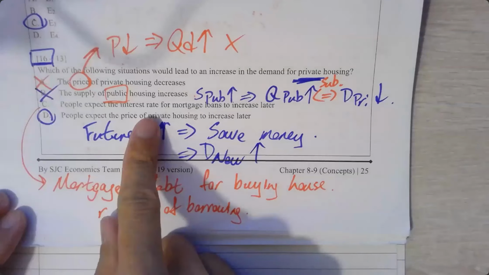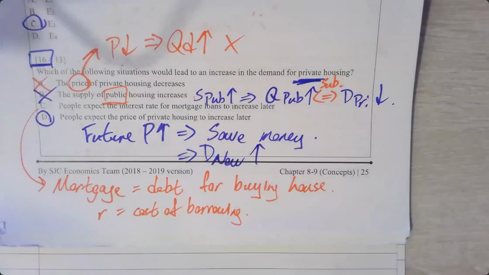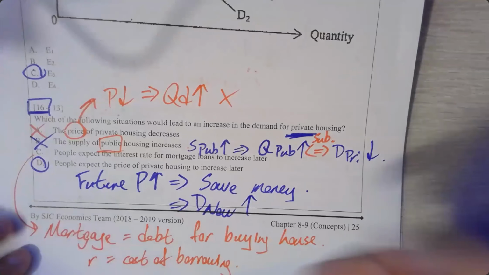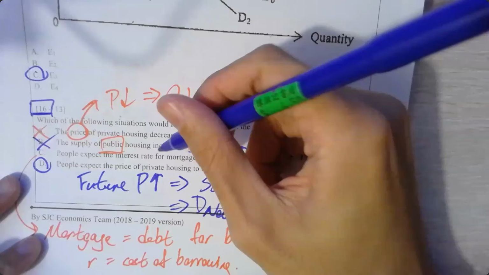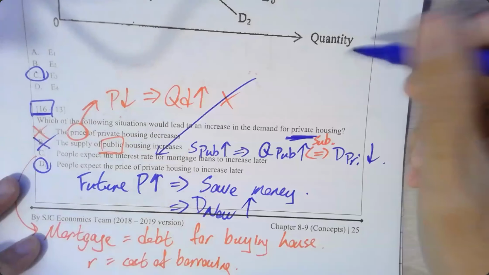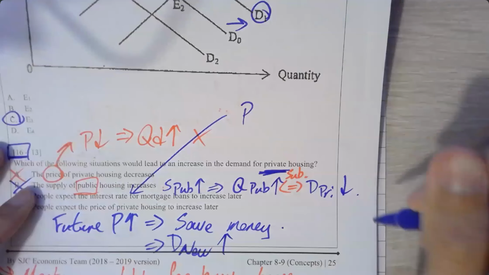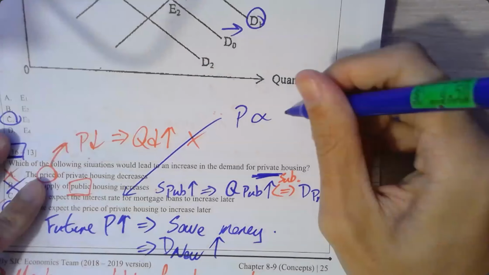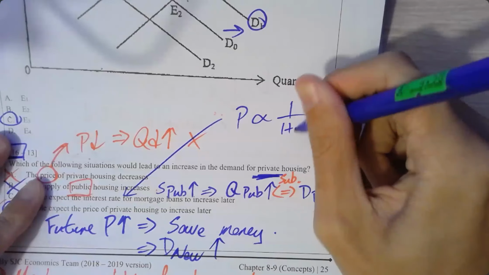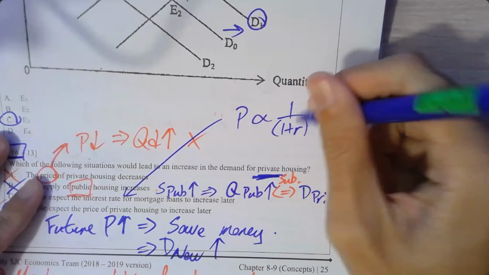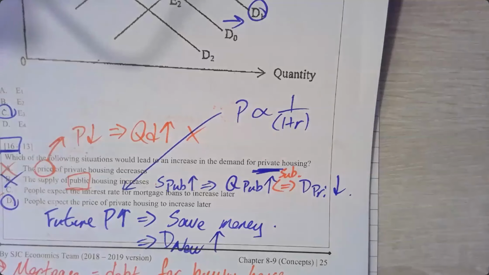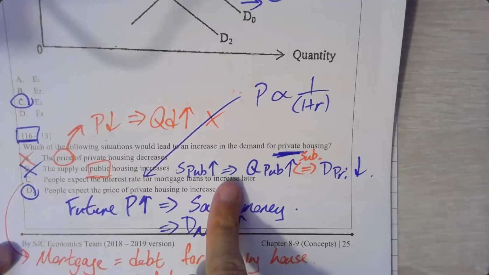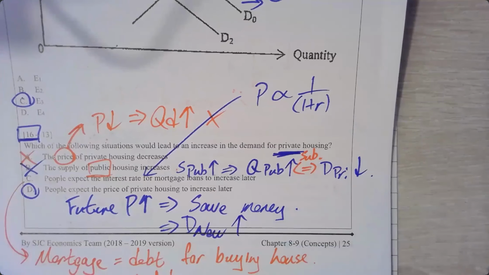the interest rate to increase，原來咁啊，學 BA 嘅你咧有機會學嗰個 concept 啊。There is a concept. Price of property is inversely proportional to interest rates。原來同我哋嘅 interest rate 利息係成反比嘅。So if I expect interest rate to increase later, what does that mean?